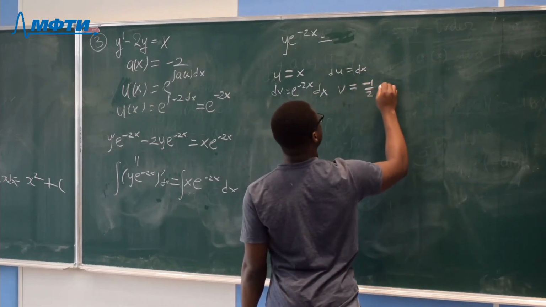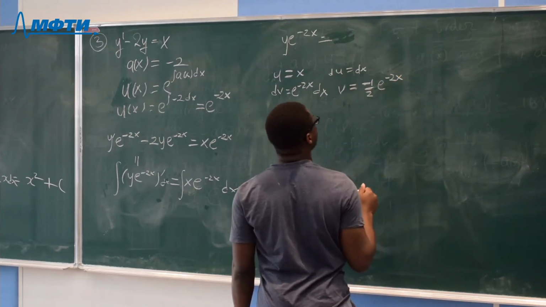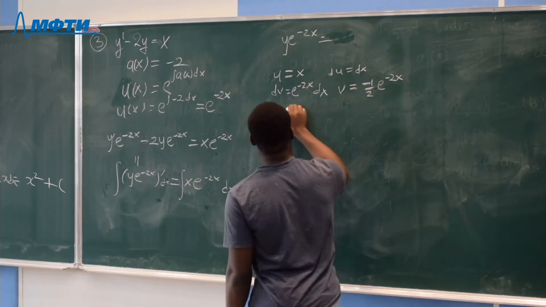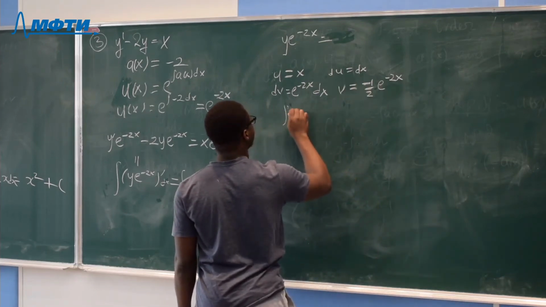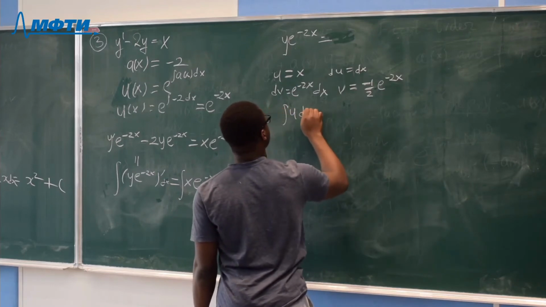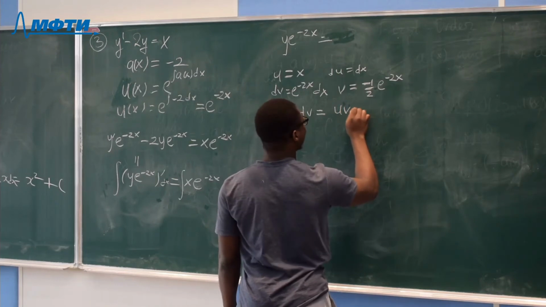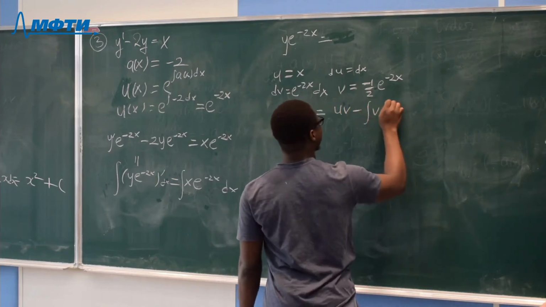Right. Correct. Then uv minus the integral of v du.